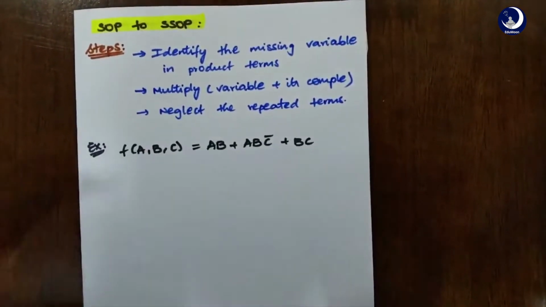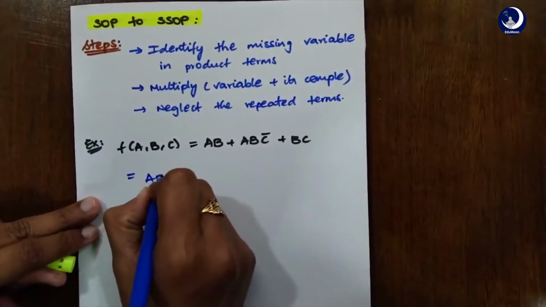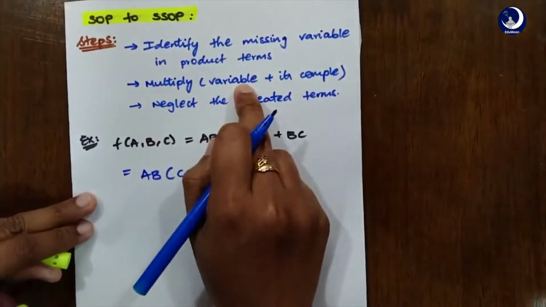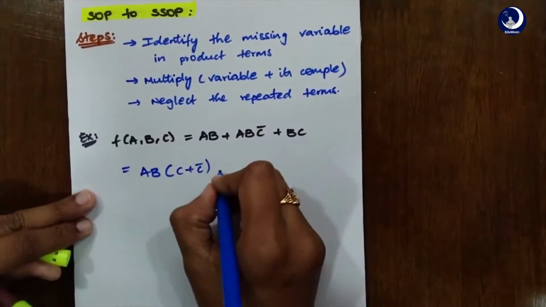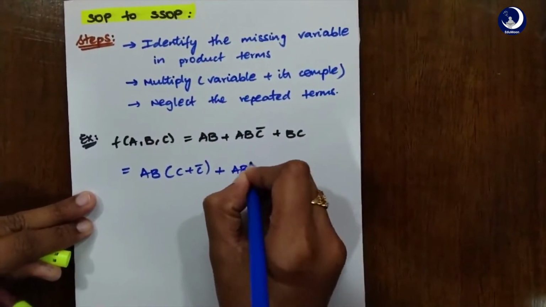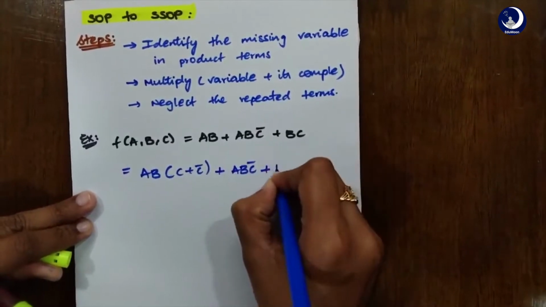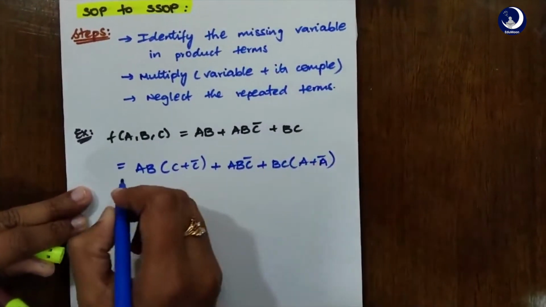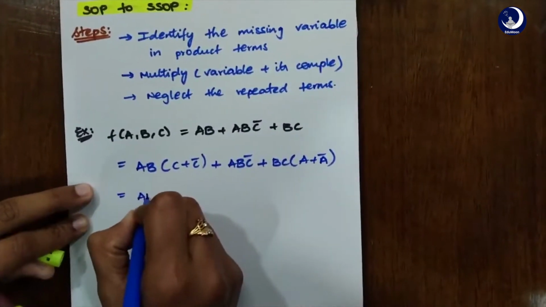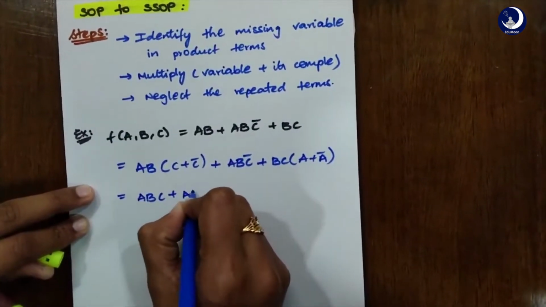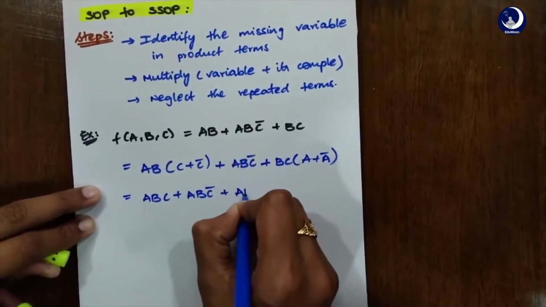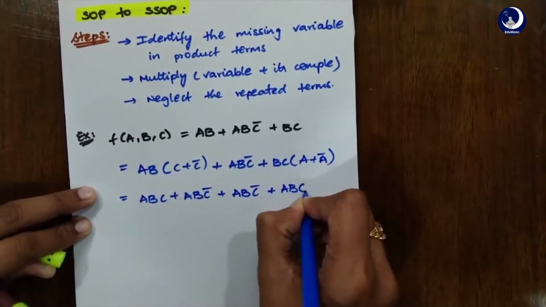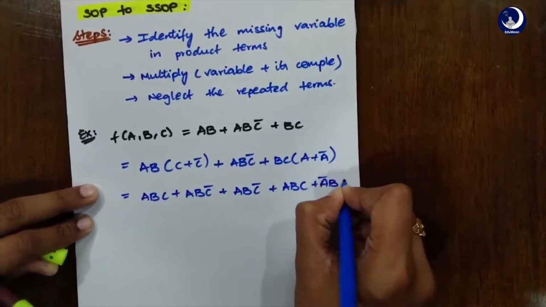So how do we convert this ab? We multiply ab by c plus c bar, the variable plus its complement. So ab(c + c bar), plus abc bar, just dropping down, and bc is there. Again a is missing, so we multiply by a plus a bar. Now expand all of these: abc + abc bar + abc bar + abc + a bar bc.